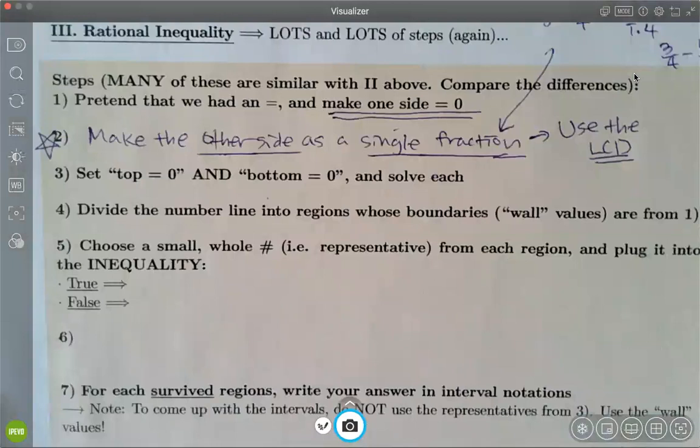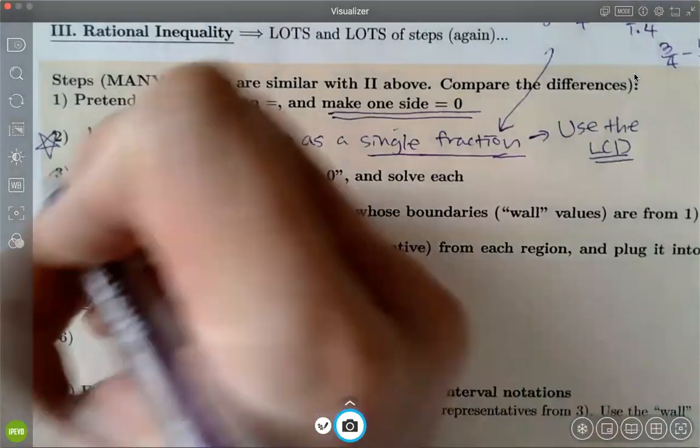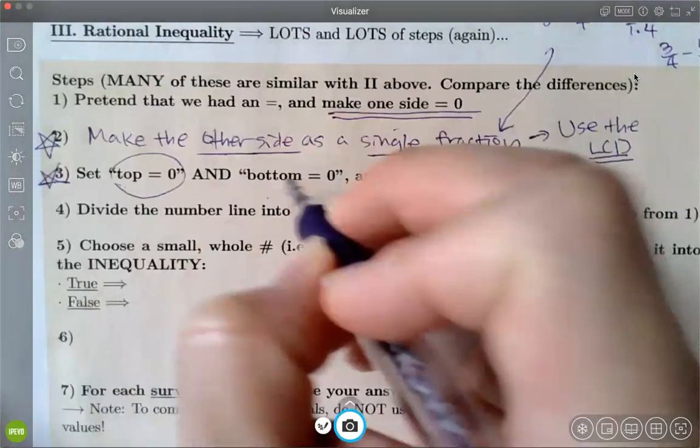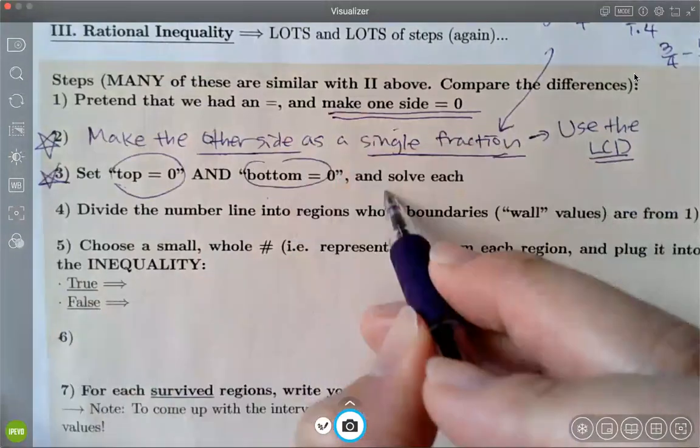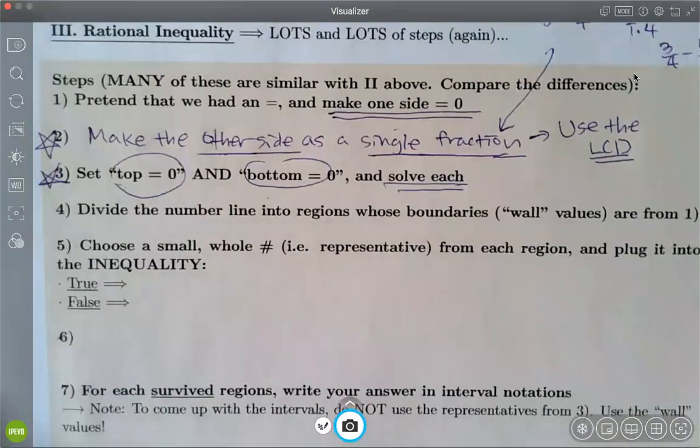And then we set top equal to 0 and bottom equal to 0 and solve. Okay, so we set each top and bottom equal to 0 and then solve. Now, once we do that, we will end up with two numbers. Okay, and I guess you can guess what we should do next.